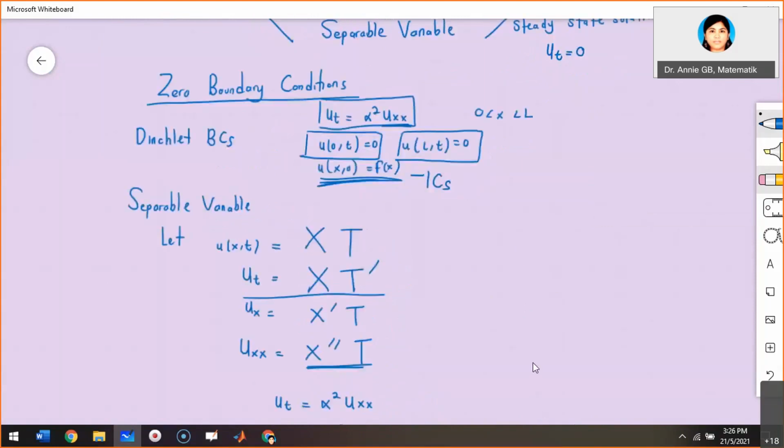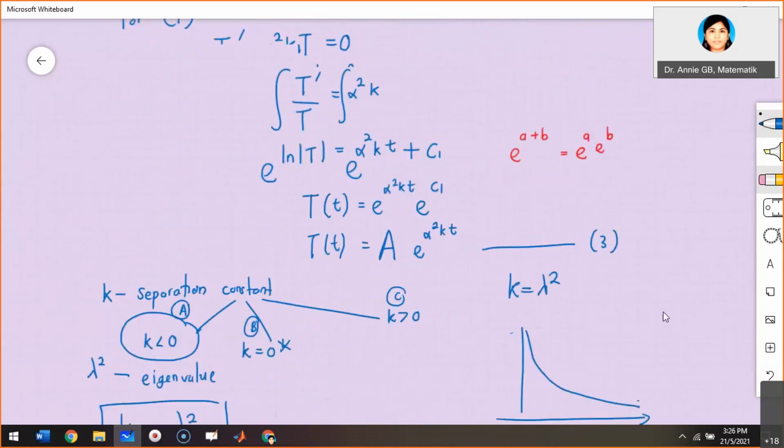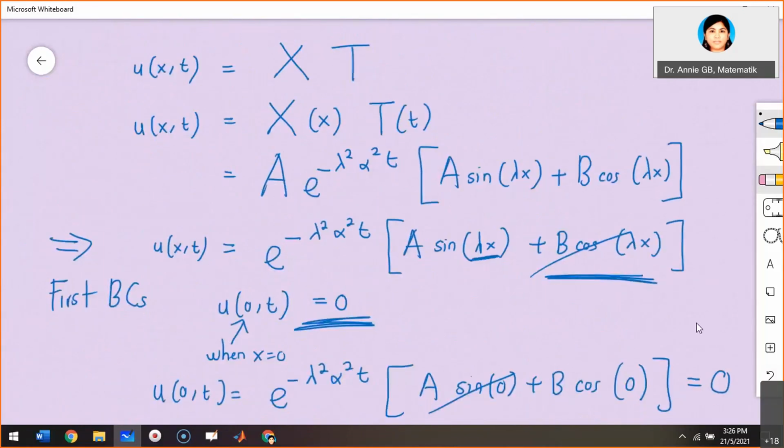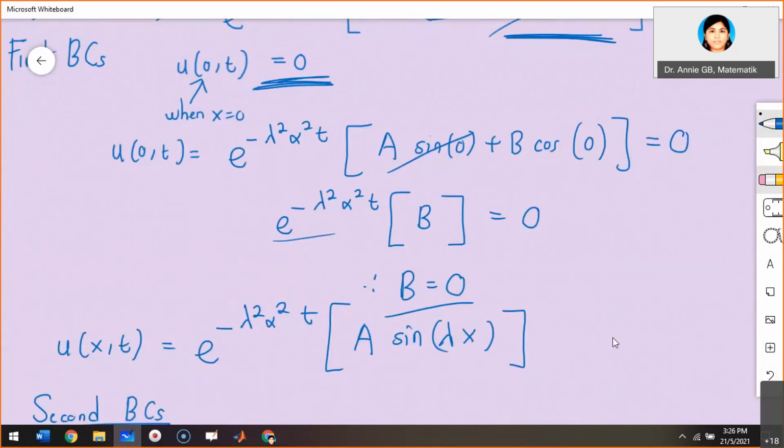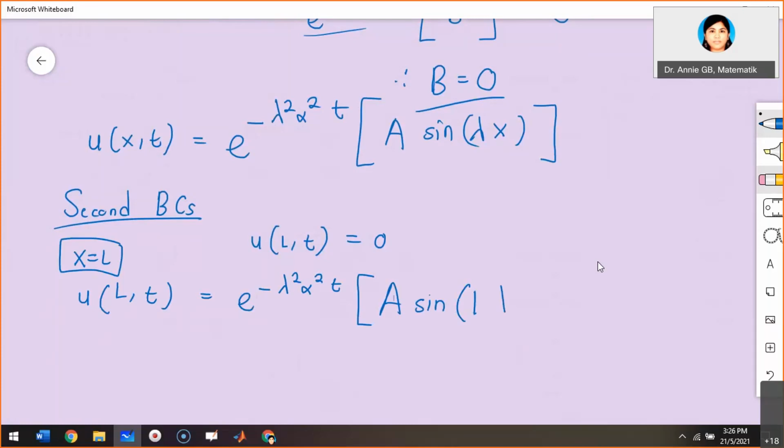Okay, so kita nak apply second boundary condition now. u(L,t) equals to 0. So what happen equation ni bila x sama dengan L. So u(L,t) you have exponent negative lambda squared alpha squared t, A sin L lambda kan? x saya dah jadi L. Equals to 0.